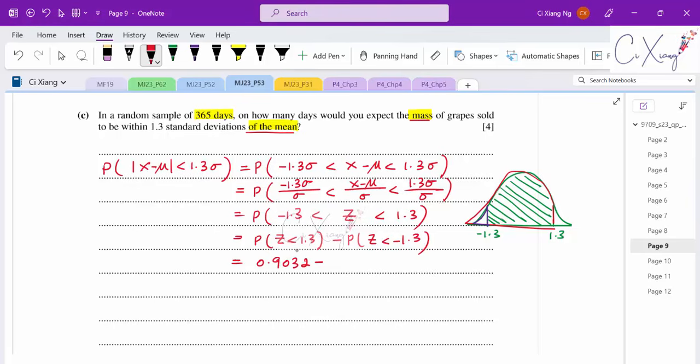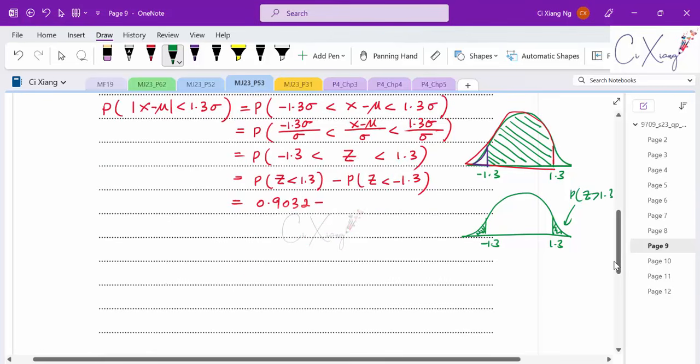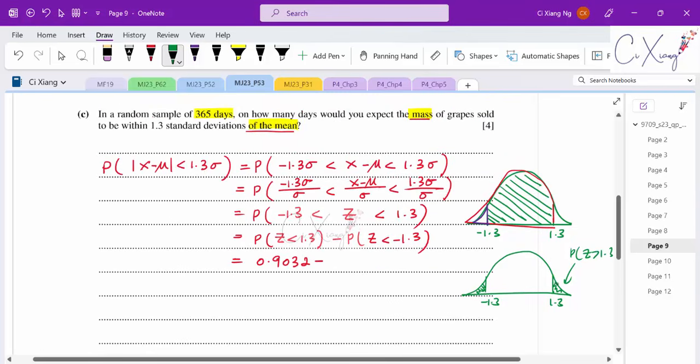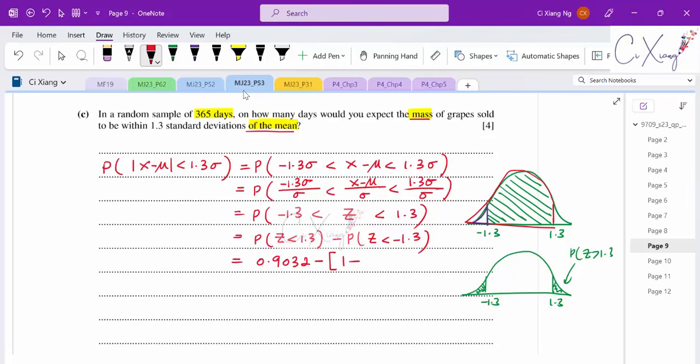Then minus, if I want to find this small area z smaller than negative 1.3, this area is actually the same as this area, which is z greater than 1.3. To find z greater than 1.3, you take 1 minus the large area on the right hand side, so 1 minus 0.9032.